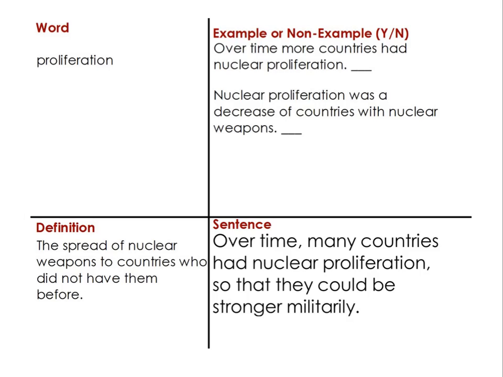The spread of nuclear weapons to countries who did not have them before. Let's read the sentence. Over time, many countries had nuclear proliferation so that they could be stronger militarily. You complete the example or non-example.